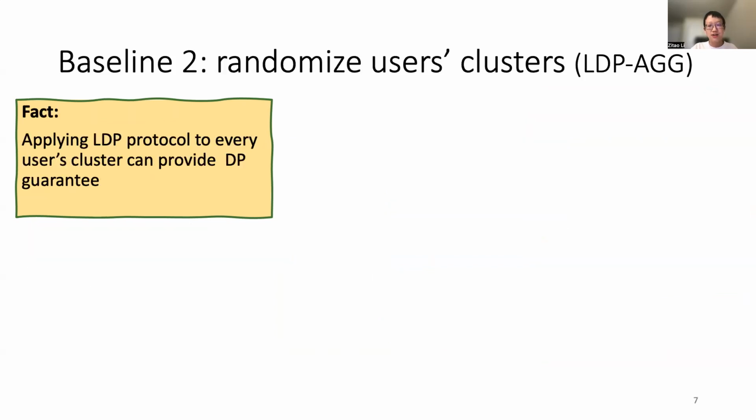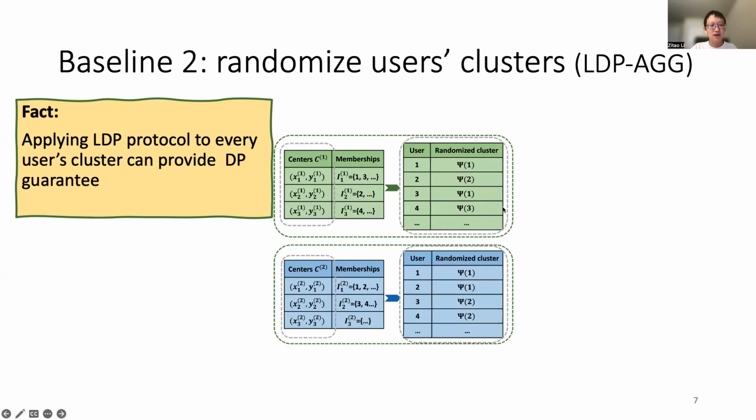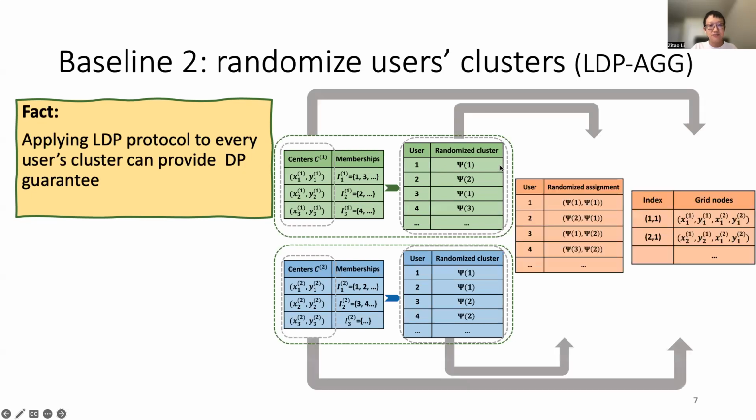Another approach to share the membership while protecting privacy is to apply a local differential privacy protocol on the center that each user is assigned to. After the server receives this randomized local membership information, it can append all the local reports for the same user together, and then calculate an unbiased estimate of the intersection cardinality as the weight for each grid node.